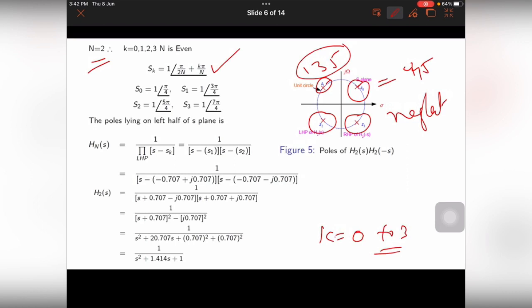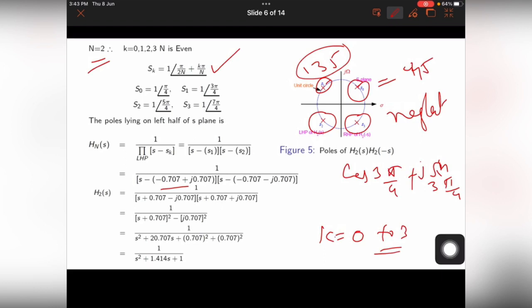So you will get H2 of S is equal to 1 divided by (S minus S1) and (S minus S2). And what is that angle? You can calculate 3 pi by 4. You get cos 3 pi by 4 plus j sin 3 pi by 4. The value is minus 0.707 plus j 0.707.